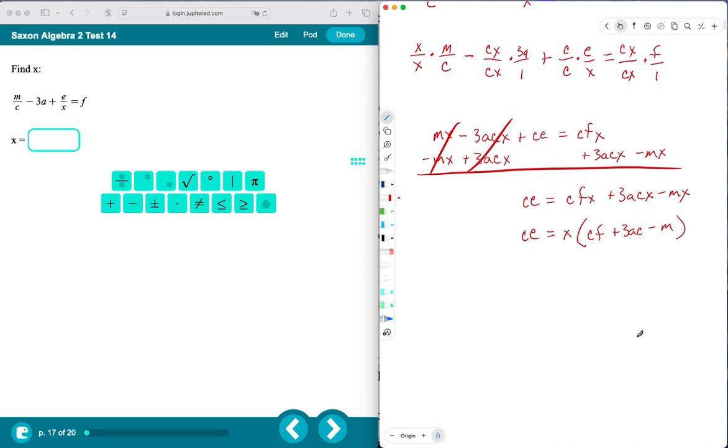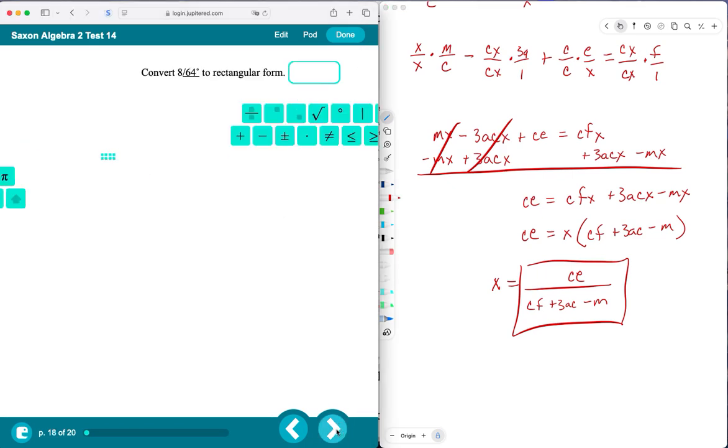If I divide both sides by the second factor, x is going to be equal to ce divided by cf plus 3ac minus m. All right, that's going to be my solution. This is what you would type in. Next problem. We only have a few more to go. It's not so bad.